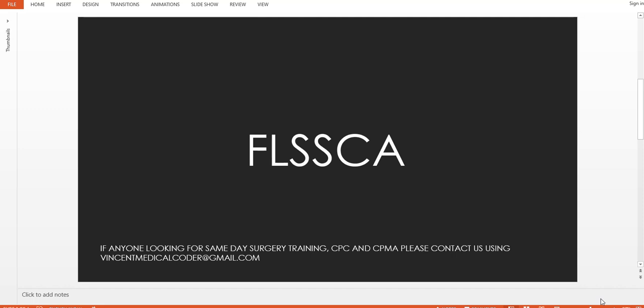Whenever you have multiple conditions or multiple injuries to code at the same location, you need to follow FLSSCA. Here F means fracture, L means laceration, S means sprain, S means strain, C means contusion, and A means abrasion.